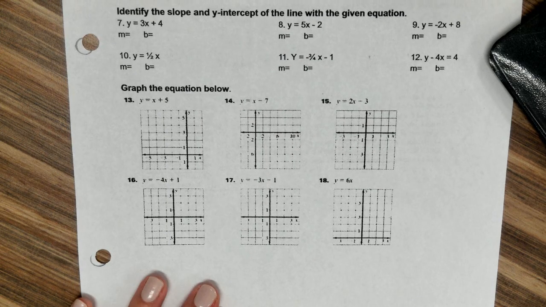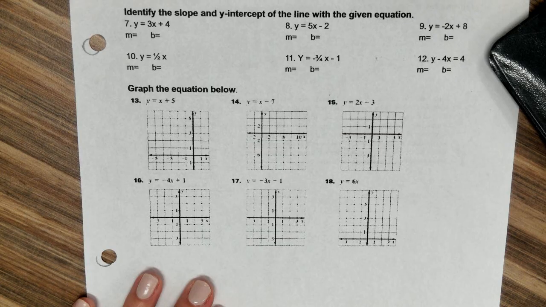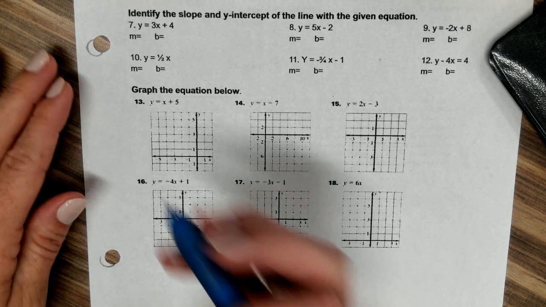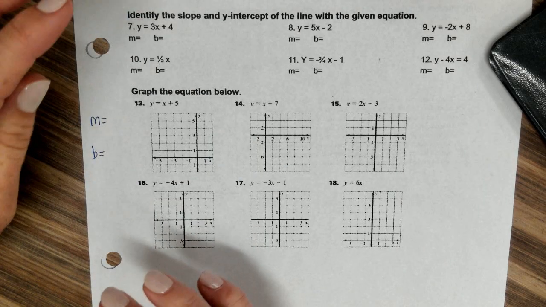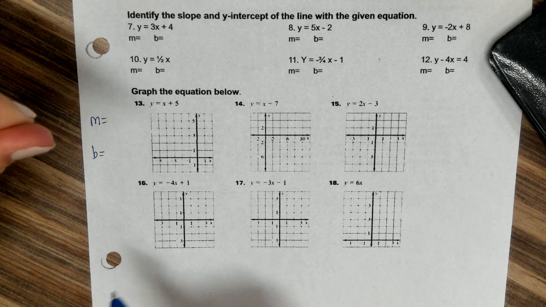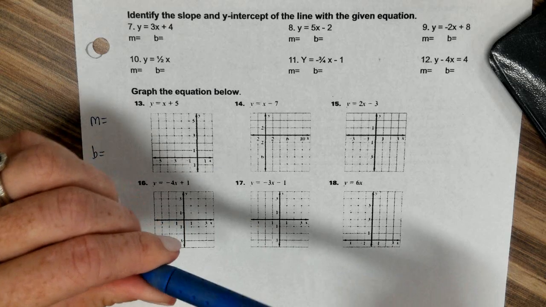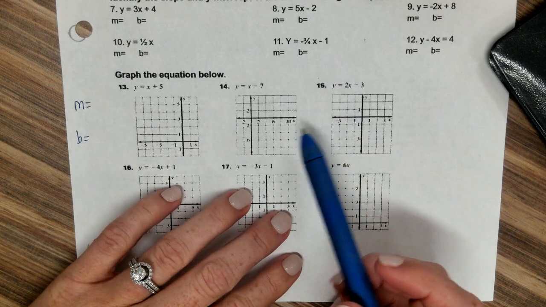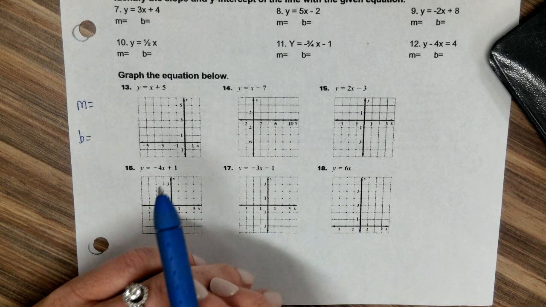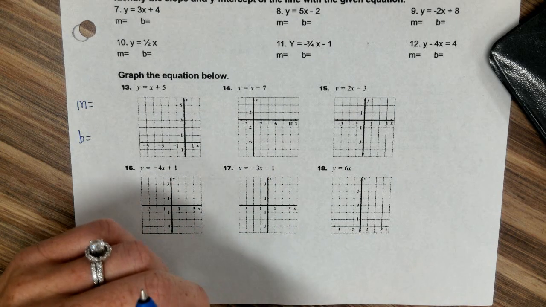It wants you to graph the equation. To graph the equation, you need to find the m and the b, just like we did on our assignment. You need a rise over run and a y-intercept. Please, please, please be careful what the graphs are counting by. Look at number 14. What is the graph counting by? 2's.